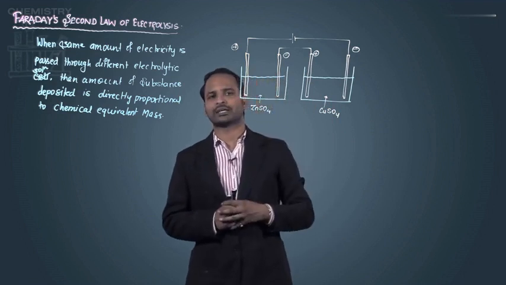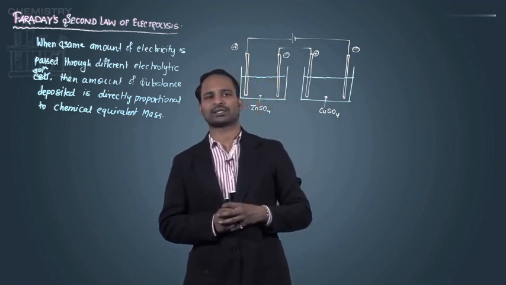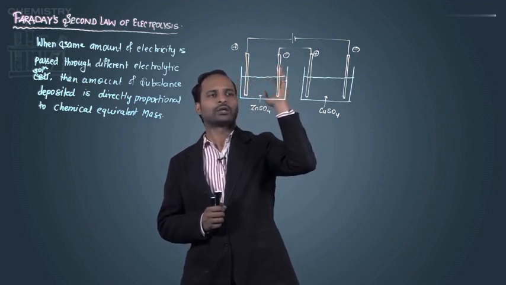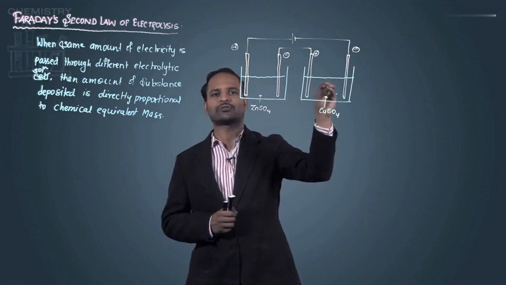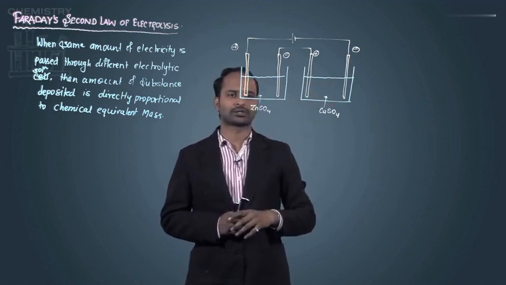Both the cells are connected in series. Connected in series means whatever amount of electricity is passed through this cell, exactly the same amount of electricity is passing through the other cell also.